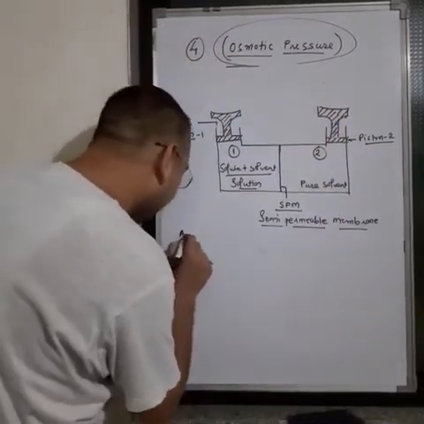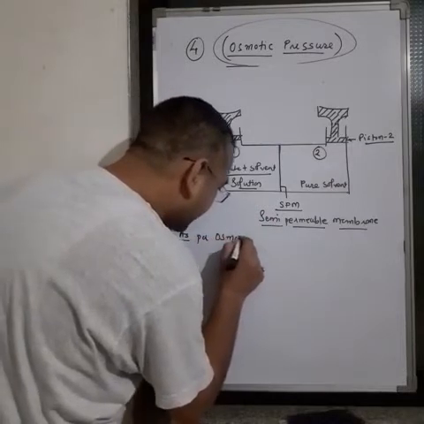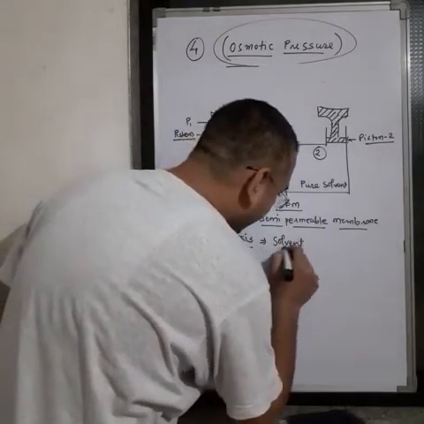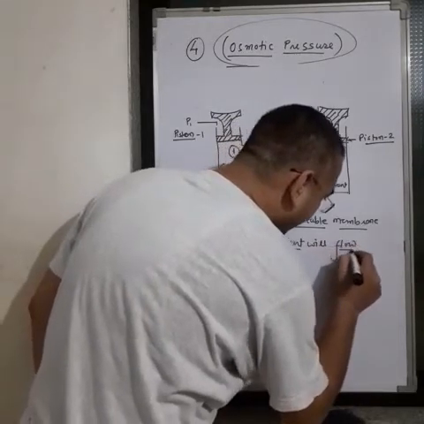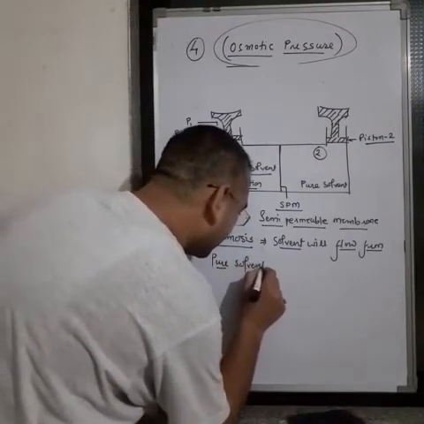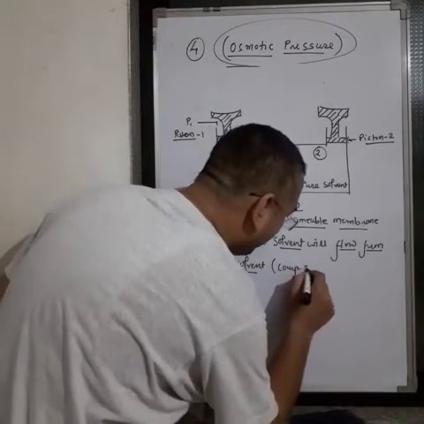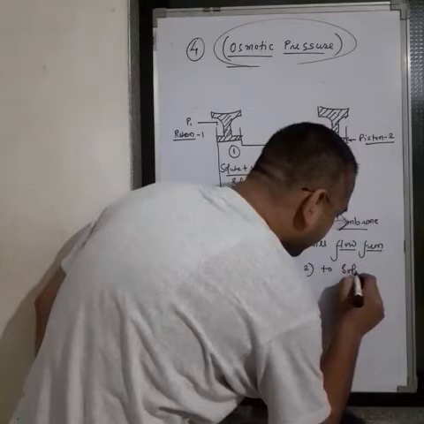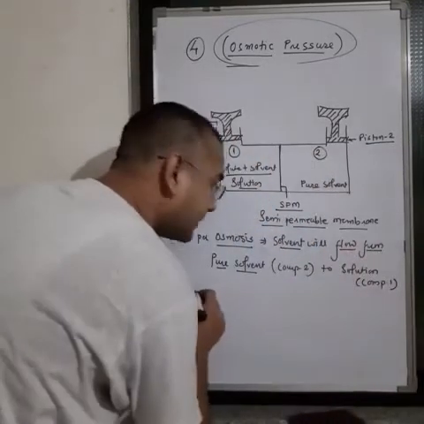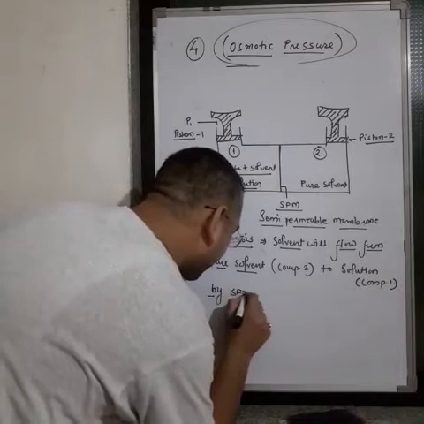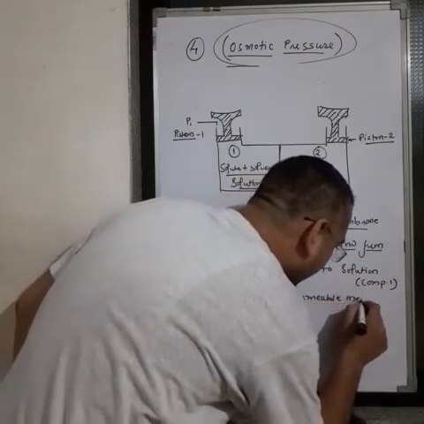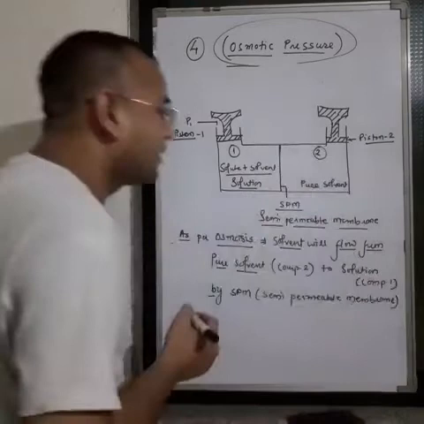So as per the osmosis process, solvent will flow from pure solvent, compartment 2, to solution, compartment 1, through the SPM, semi-permeable membrane.